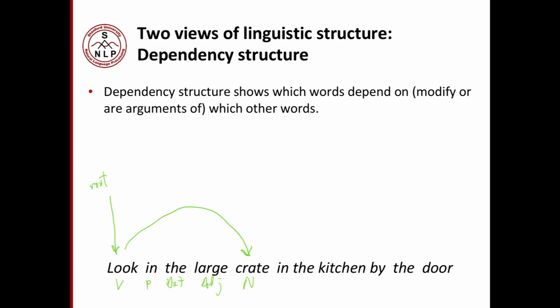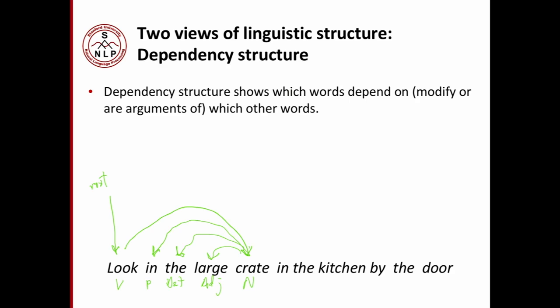And, well, then we have, for the crate, it's got some modifiers. It's a large crate, so that's a dependent of crate. It's the large crate, that's a dependent of crate. And in the system of dependencies I'm going to show you, we've got in as kind of a modifier of crate in the large crate.